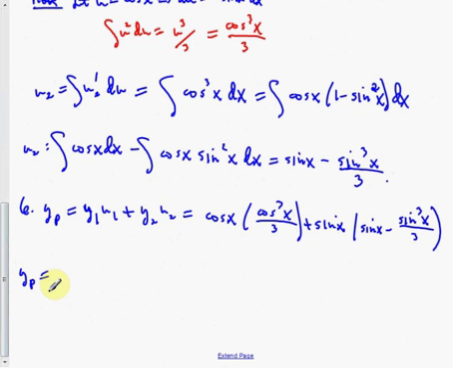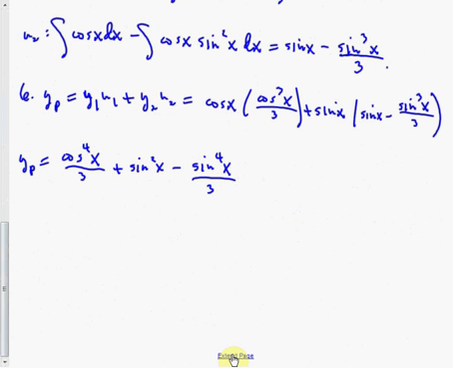So y sub p is cosine to the 4th x over 3 plus sine squared x minus sine to the 4th x over 3. Now there is some commonality between that cosine 4th x over 3 and that minus sine to the 4th x over 3.